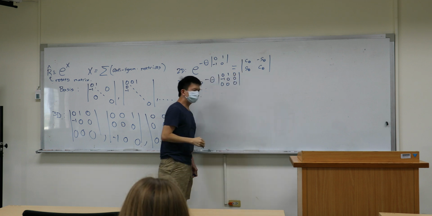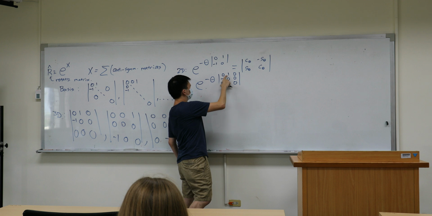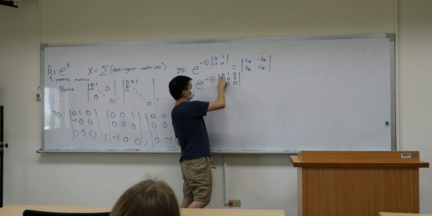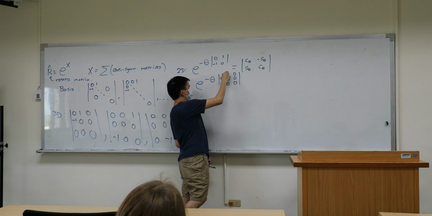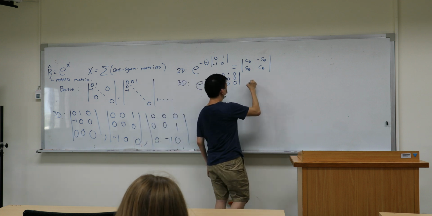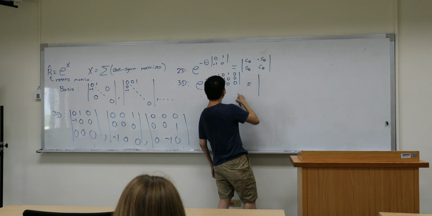If you know your linear algebra, having a non-zero component only in these two components means you're only mixing the 1 and the 2 axes, because you only need to care about this block essentially.